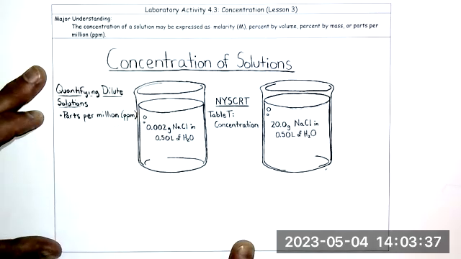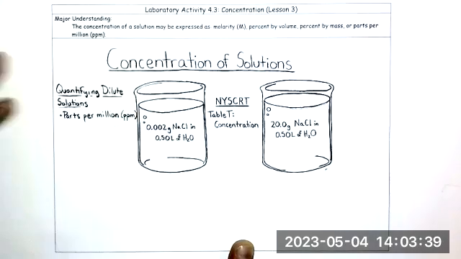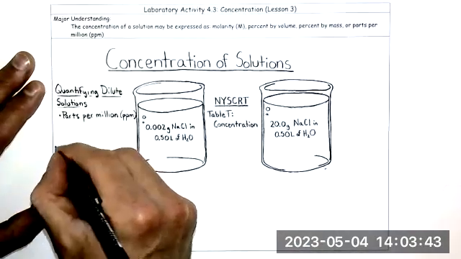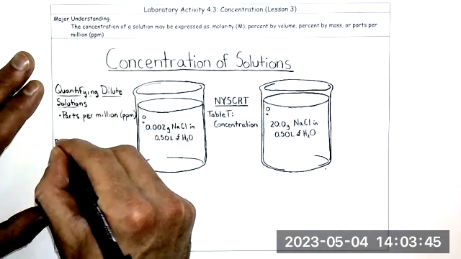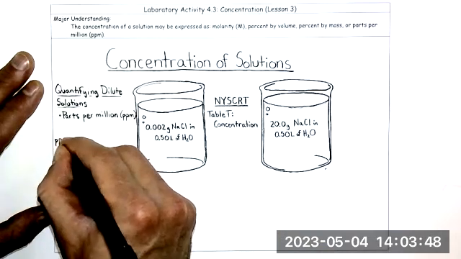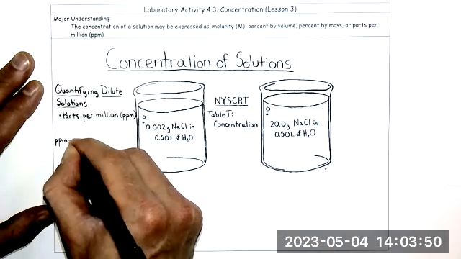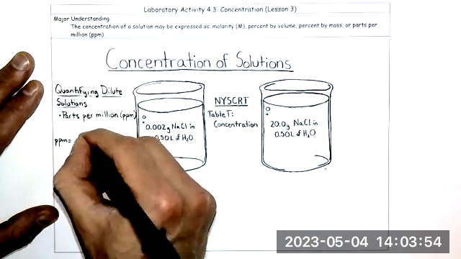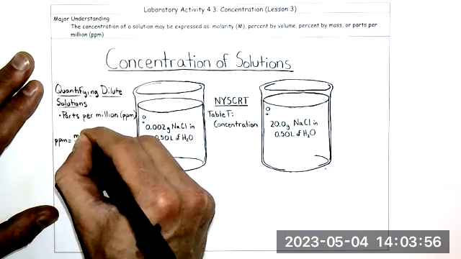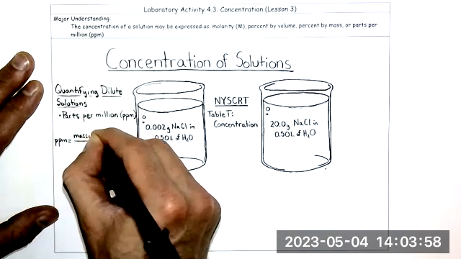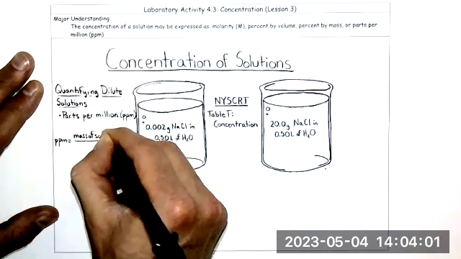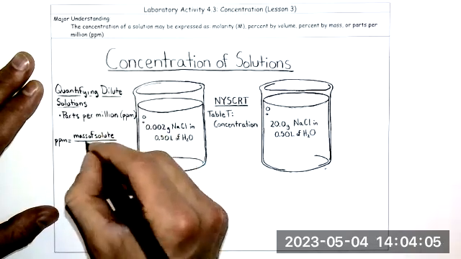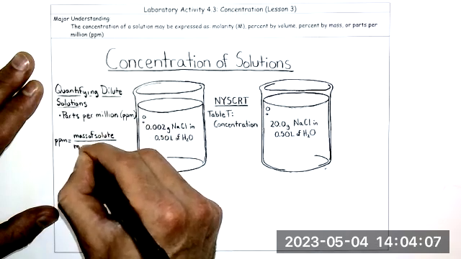The equation for calculating parts per million is simply parts per million equals mass of solute, and this would be mass in grams, over mass of solution.